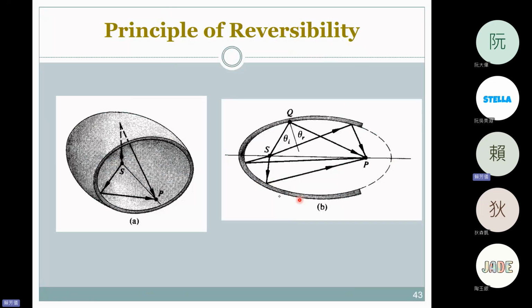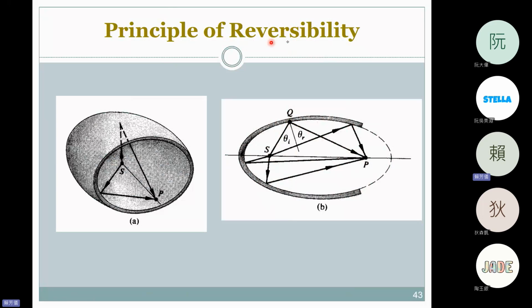So for example, you can see this picture. This is an elliptical structure surface, and when the light is emitted to the Q point, it is reflected to another P point. These are the two foci of the structure, and if the light goes from the P point, it will also be reflected back to the S point.